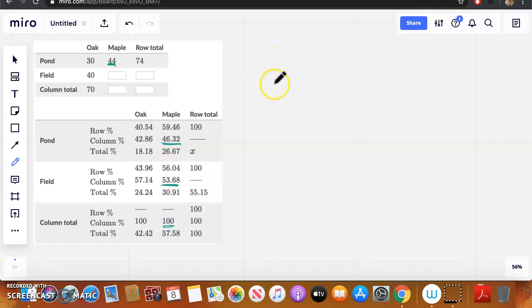So let's try to work it out. I'm going to say 46.32% of all maples is equal to 44. So if I want to know what the total maples are, then I just do 44 divided by 46.32%, or 0.4632, and that's going to give me a figure.